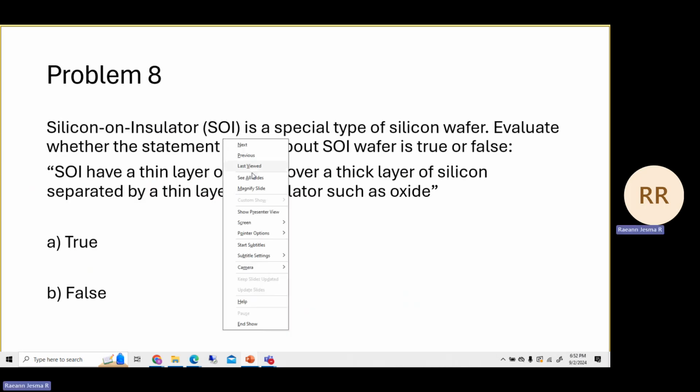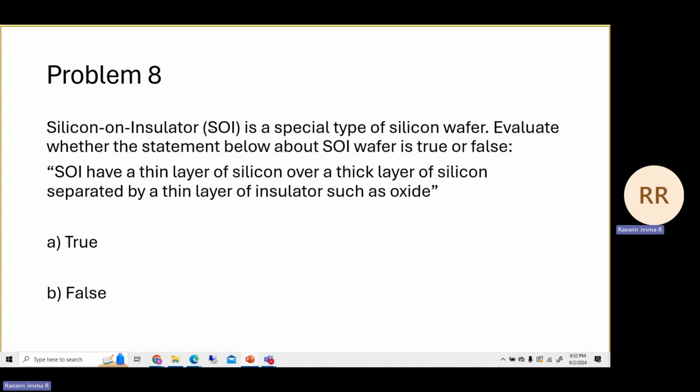Problem 8. We have a type of wafer called silicon on insulator wafer, which is SOI for short. It is a special type of silicon wafer. Evaluate whether the statement below about SOI wafer is true or false. SOI has a thin layer of silicon over a thick layer of silicon, which is separated by a thin layer of insulator such as oxide. So what they are mentioning here is that we have a wafer with a thin layer of silicon.